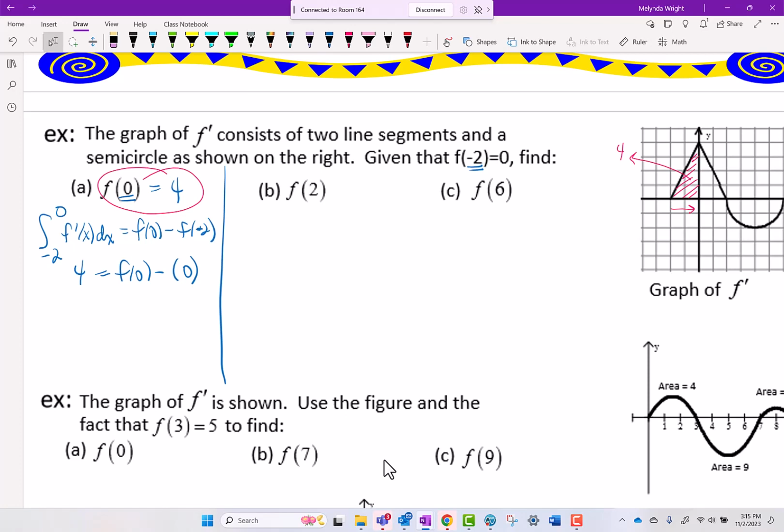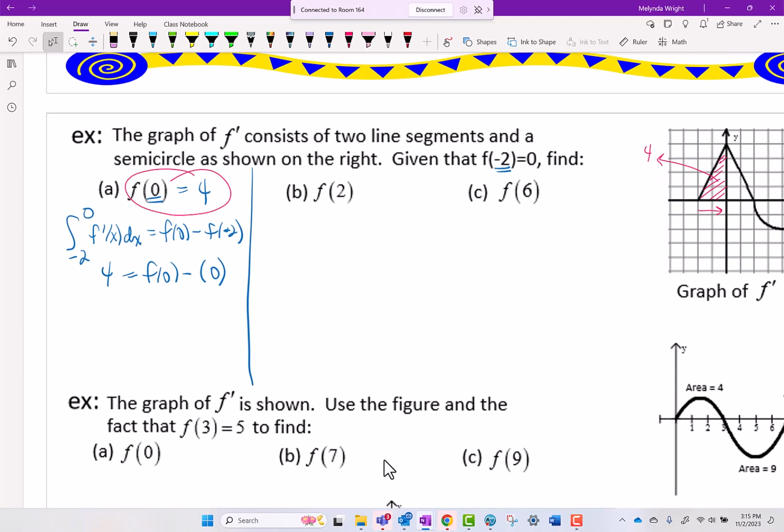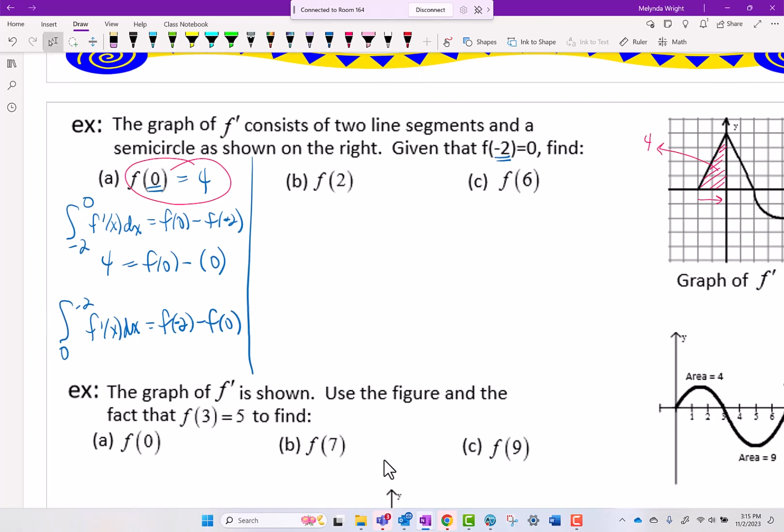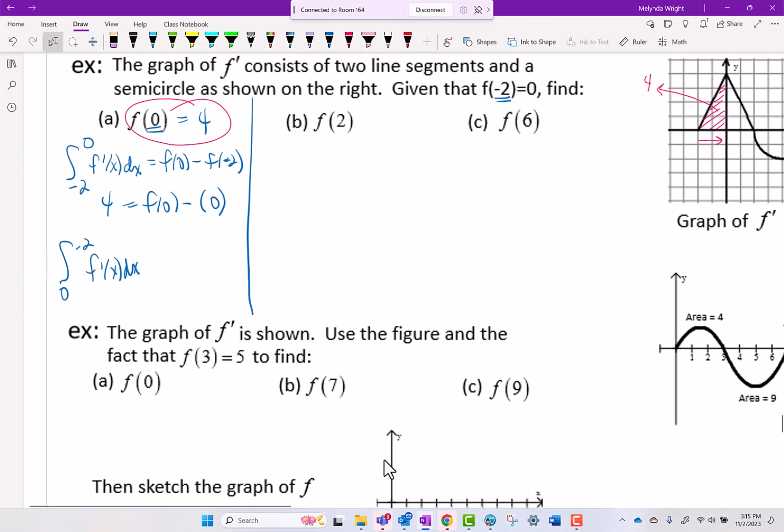Because if, for example, let's just go the other way. If I'm going from 0 to -2, in fact, we'll just look at this particular integral.